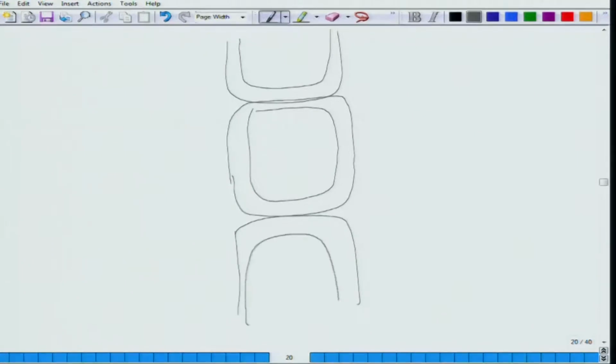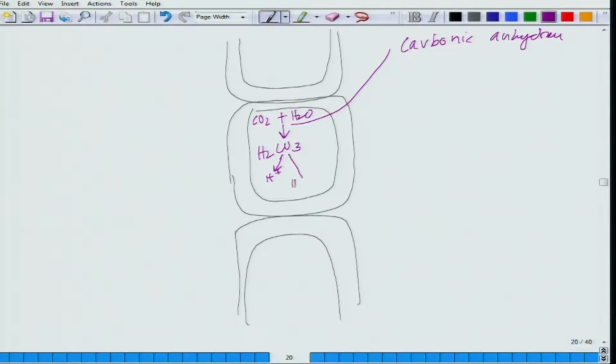Now, we have talked about this reaction: CO2 plus H2O, in the presence of the enzyme carbonic anhydrase, forms H2CO3. H2CO3 immediately dissociates into H plus and HCO3 minus ions.